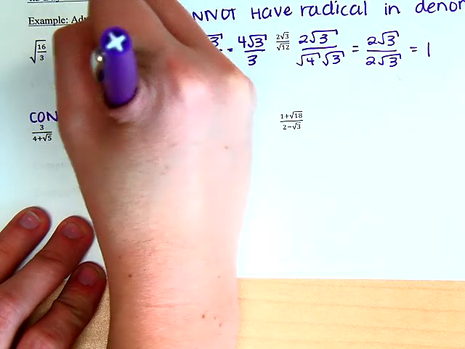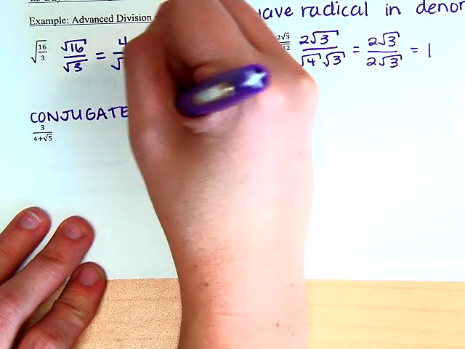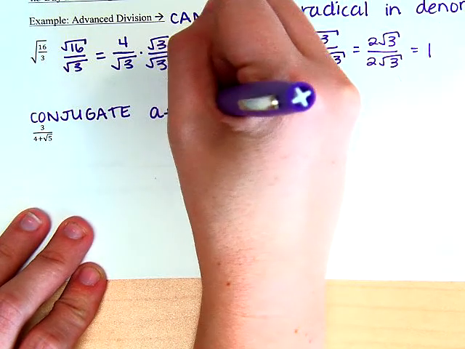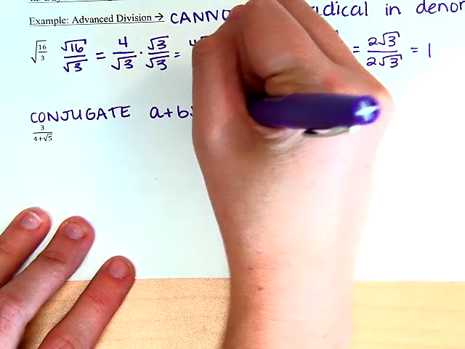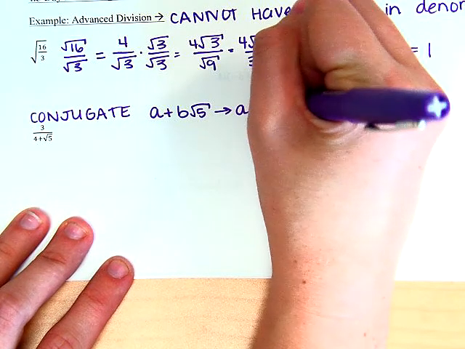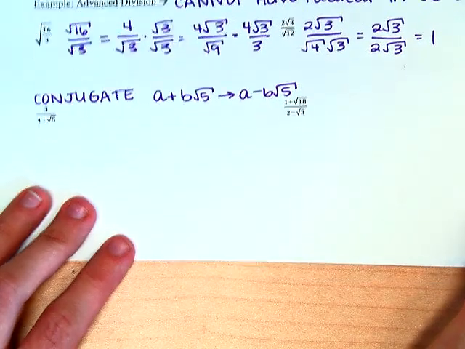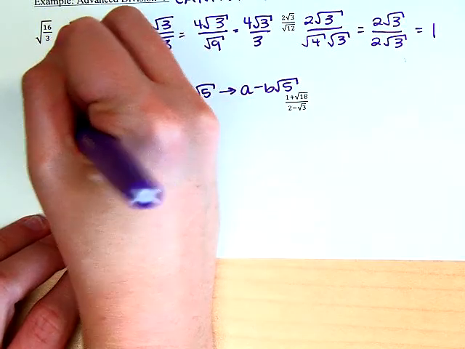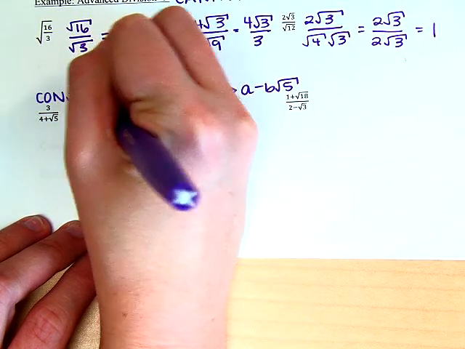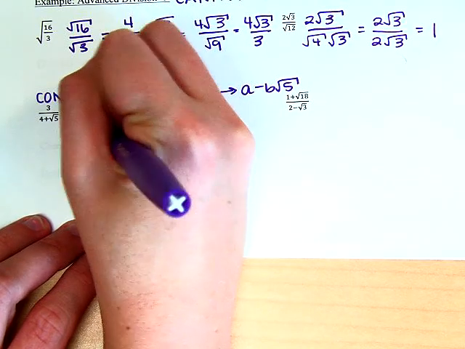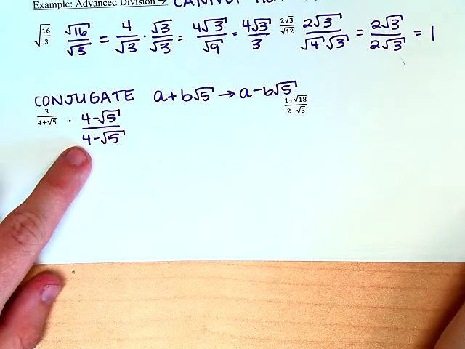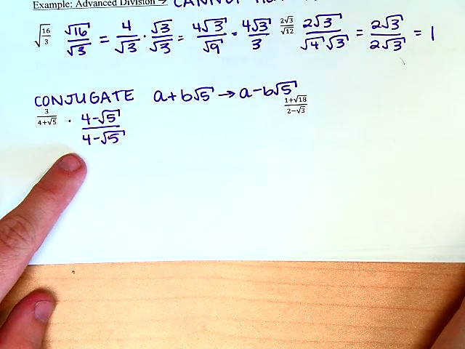Conjugate, which is like if you have a plus b square root 5, my conjugate would be a minus b square root 5. So my conjugate on the bottom here is 4 minus square root 5. And I do it that over that because that's just 1. We're really not changing anything.